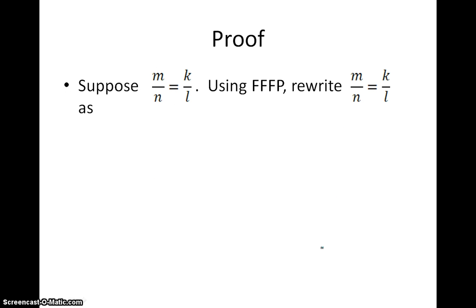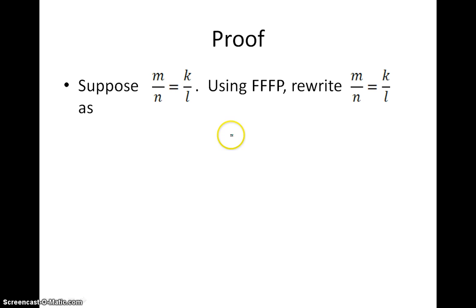So here's the proof. Suppose that we take any fraction, m over n, and it is equal to another, not another fraction, but another fraction symbol, which is k over l. Using the FFFP, we're going to rewrite m over n equals k over l.